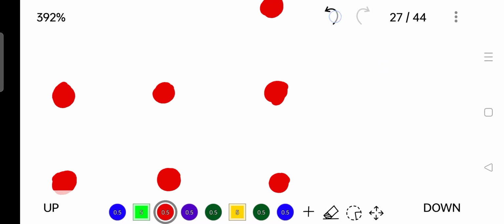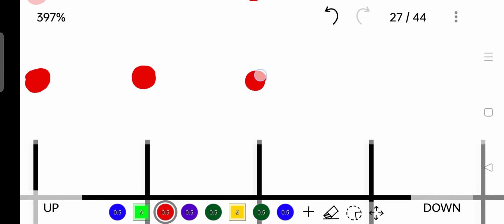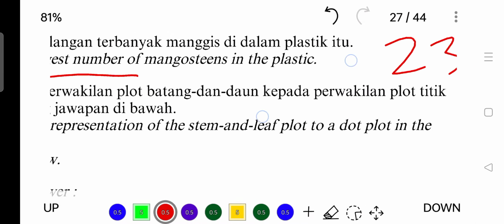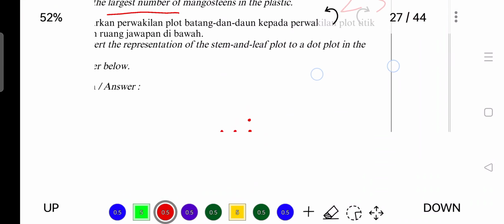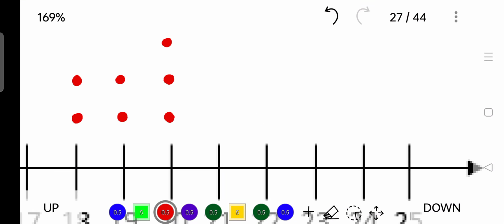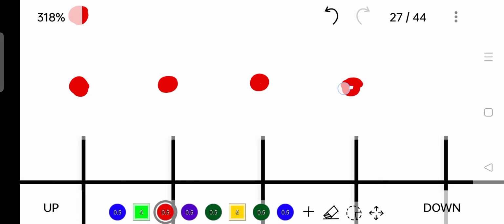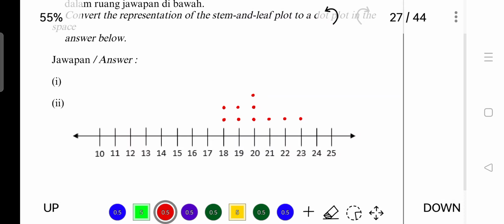Just make sure the circles, the dots, are the same as all of the other dots, right? And you have 21, 22, 23. Let's look at 21, 21, 22, and 23. Okay, this one is not very nice. Okay, 23. That's it. It's quite simple, right?